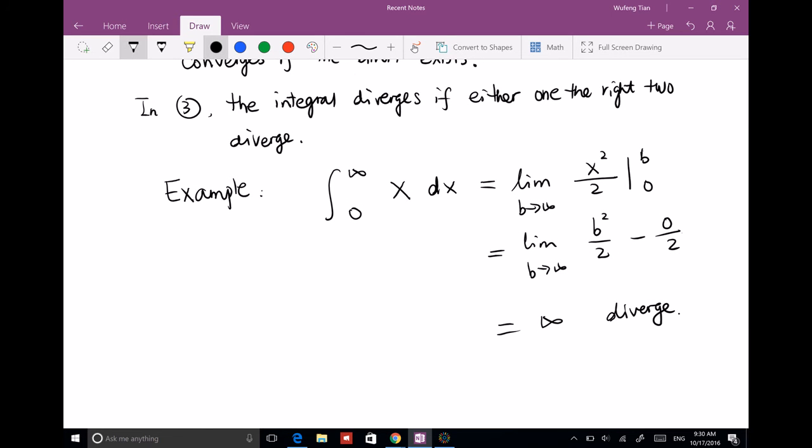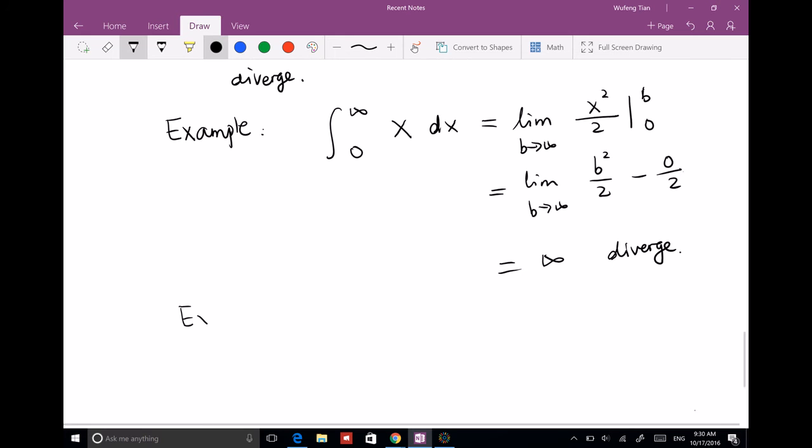Another simple example: from 1 to infinity, 1 over x dx. You can see this one is the limit as b goes to infinity, from 1 to b, of 1 over x dx.